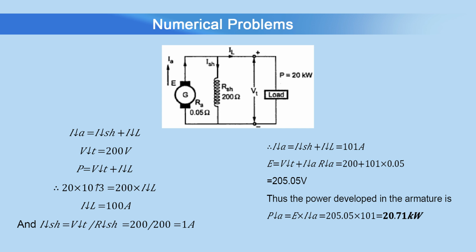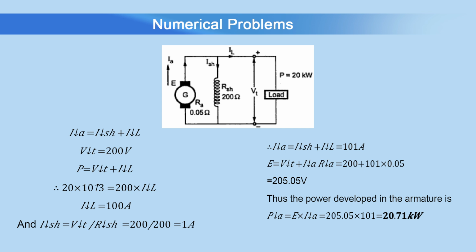Now let us find out the value of shunt field current. So as we know, the shunt field current is equal to VT upon RSH. VT is given, RSH is given. So ISH value is VT upon RSH, and the value of VT is 200 and RSH is 200, which means the ISH will be 1 ampere.